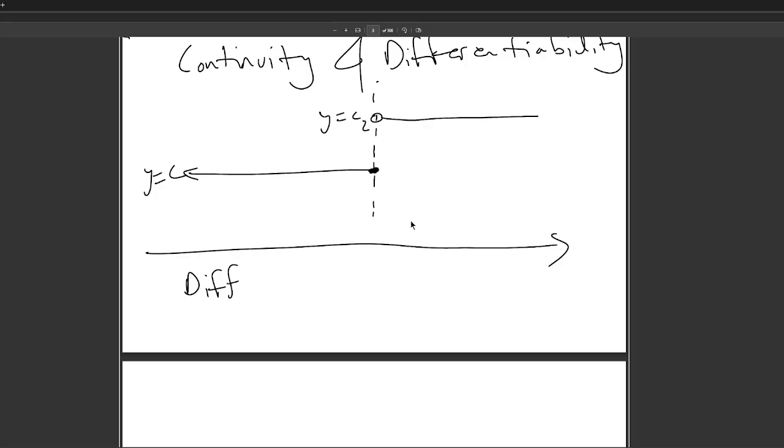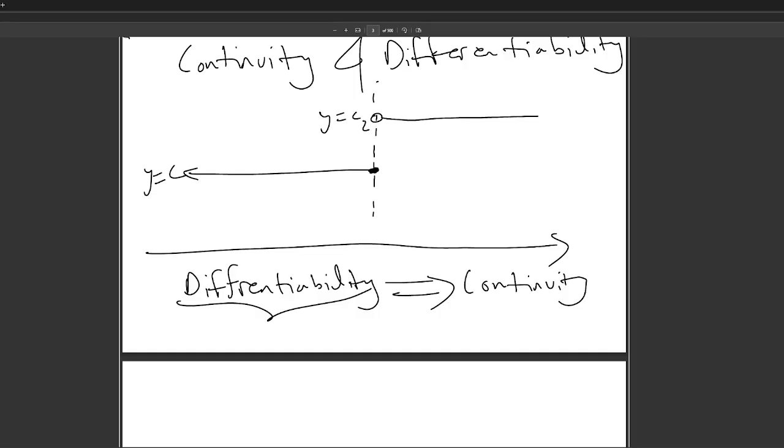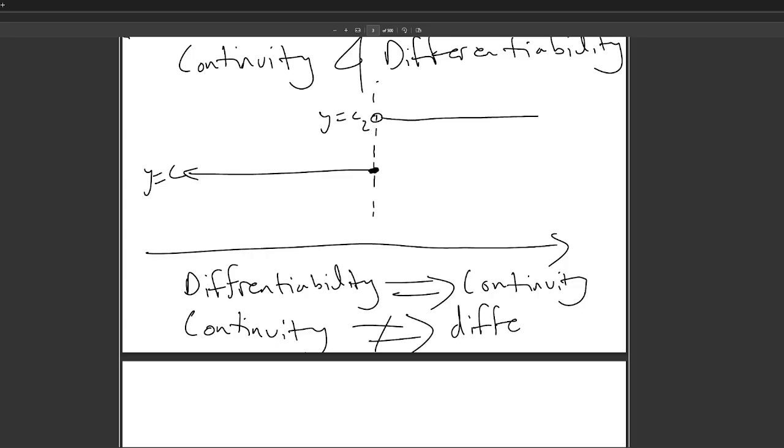Does that make sense? It's just saying that if something's differentiable, you know it's continuous, but not the other way around. Because continuity does not imply differentiability.